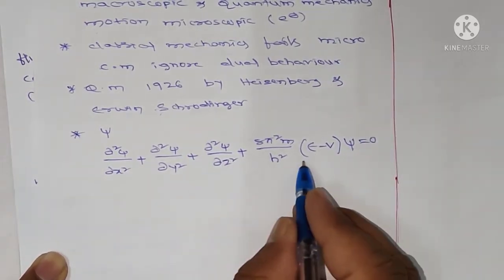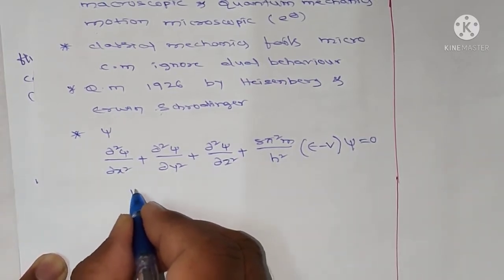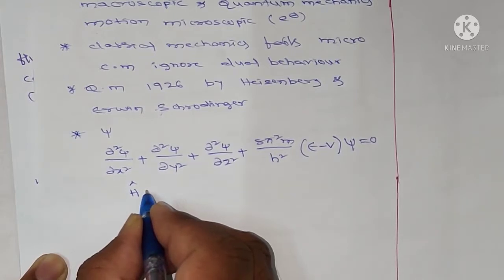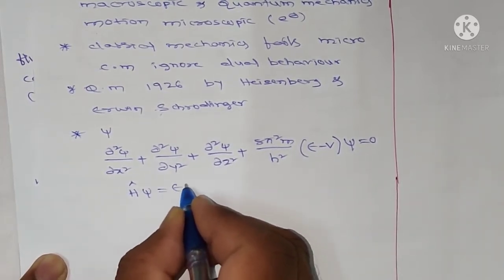So this is the Schrodinger wave equation. Or we can write h cap psi is equal to E psi.